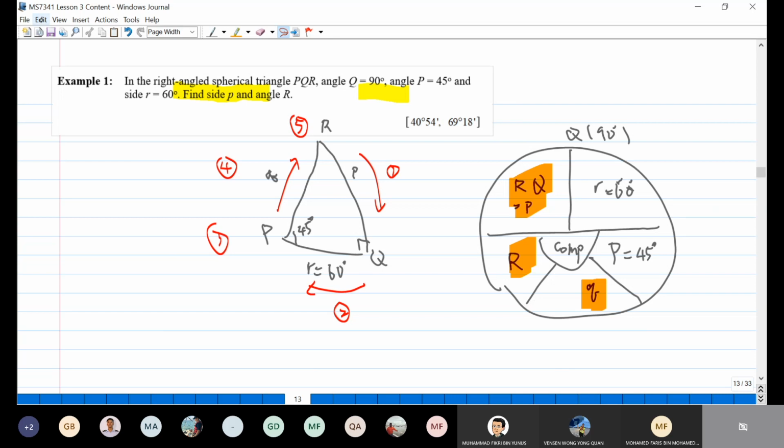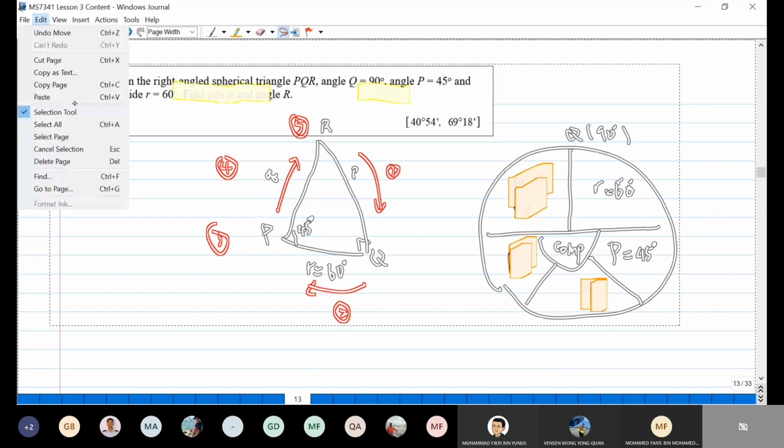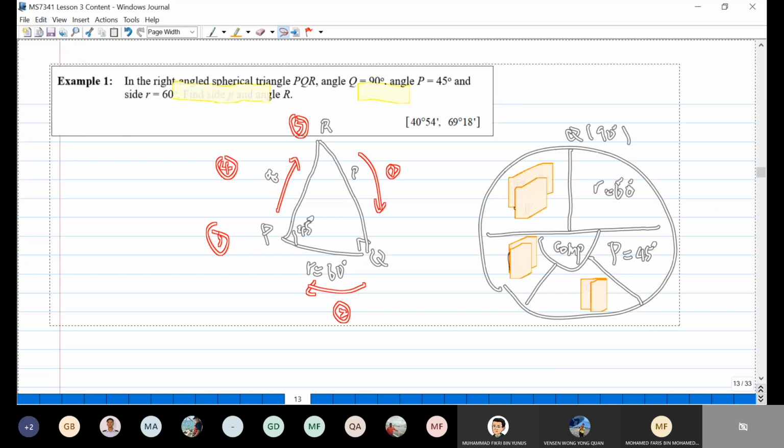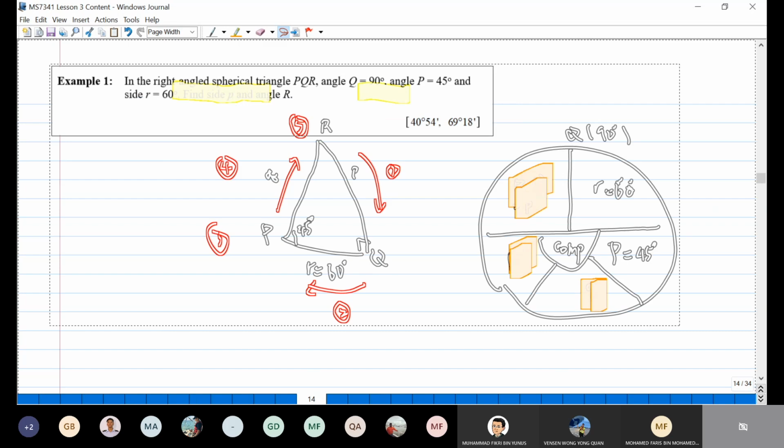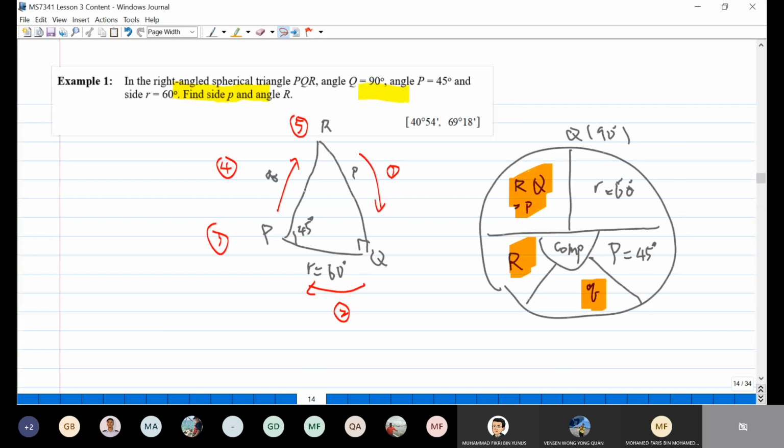Let me copy the page: select page, edit, copy page, right? Then I'm going to put it here. So let's try. I want to find R first because R, I think, is one of the easier parts. Find angle R first.